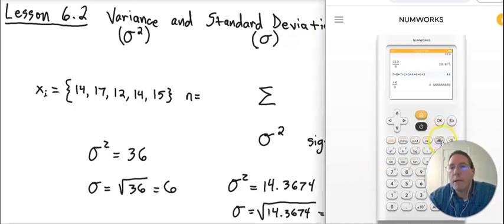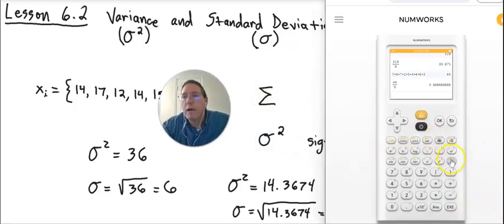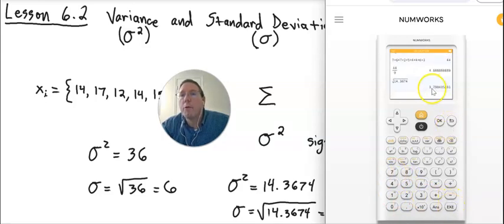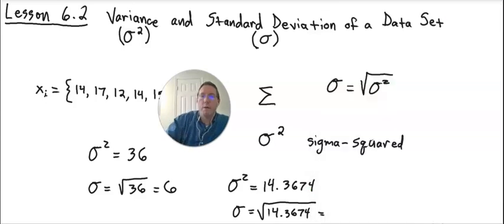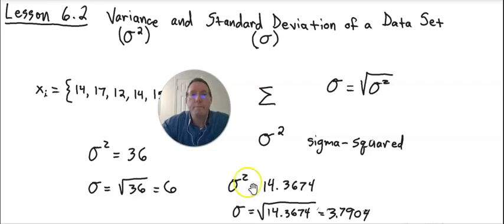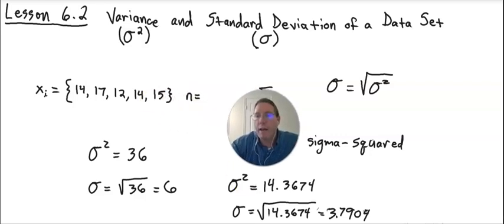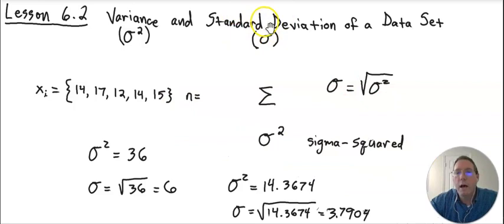We could type in the square root of 14.3674 and execute, and we would get 3.7904.